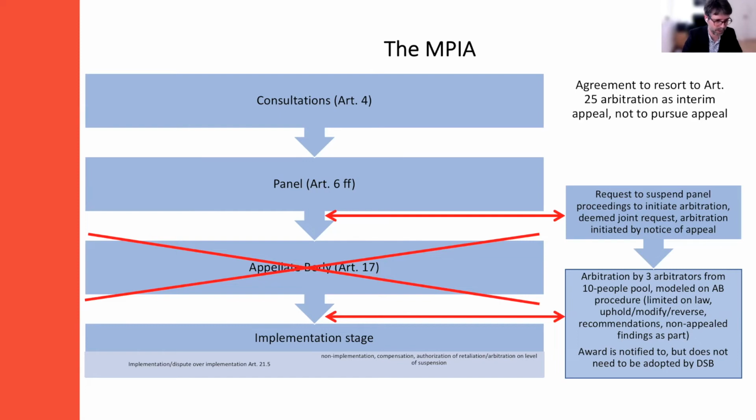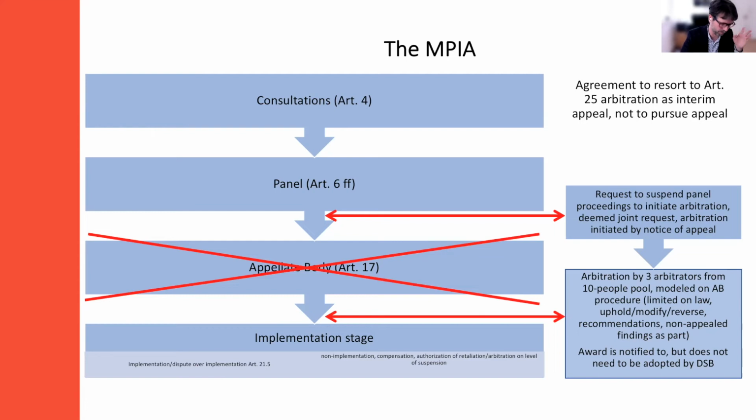So what happens now is, at the very beginning of a case, the parties can agree that they will resort to Article 25 arbitration as an interim appeal instead of pursuing an appeal. They can notify that, or they can be members of the mechanism.